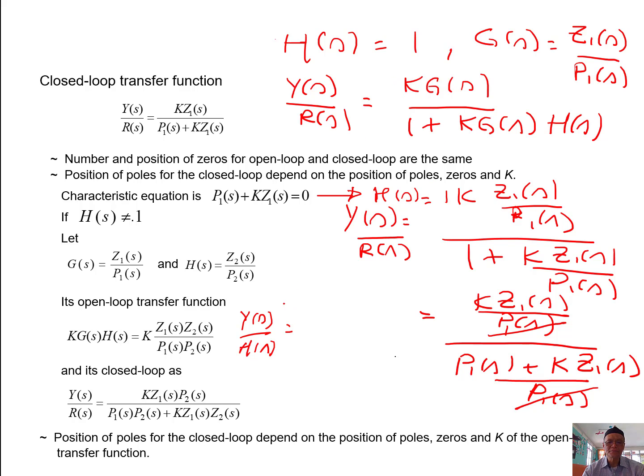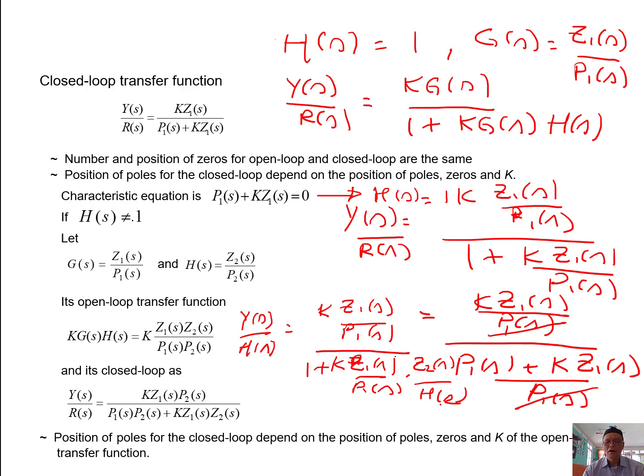We see Y(s) over R(s) for the closed loop. So we get KG(s), so KG(s) is K Z1(s) over P1(s), over 1 plus K Z1(s) over P1(s) multiplied by H, which now is Z2(s) over P2(s). So if we expand this one, let me find some space here.